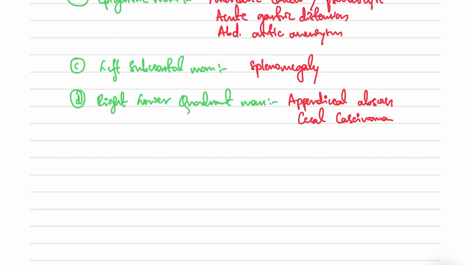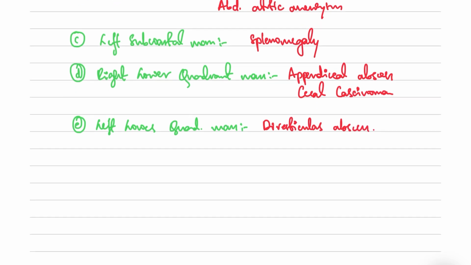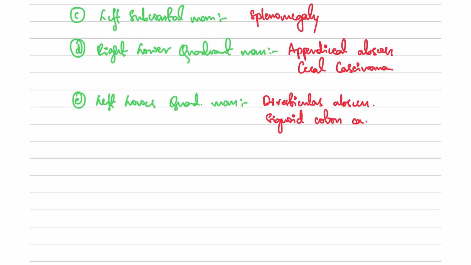Then what do we have? We are left with the left lower quadrant mass. What can it be? Left lower quadrant mass, it can be a diverticular abscess, and it can also be sigmoid colon carcinoma. Then moving on to the hypogastric mass.